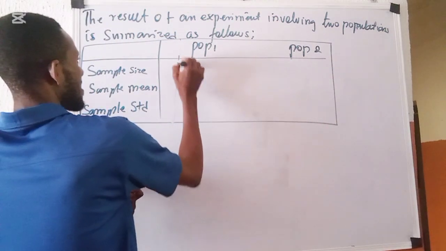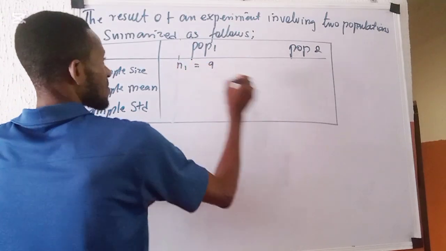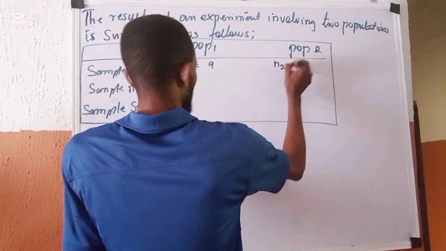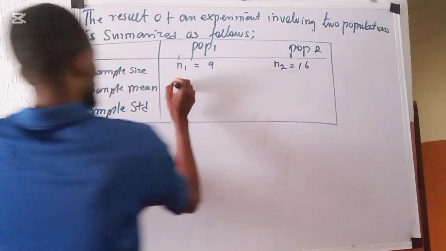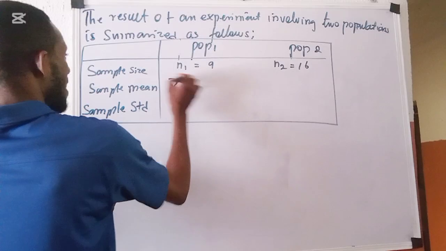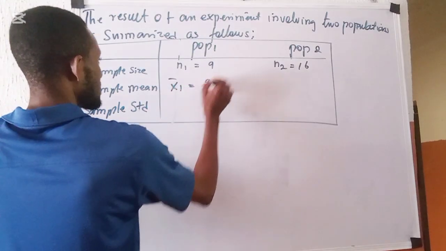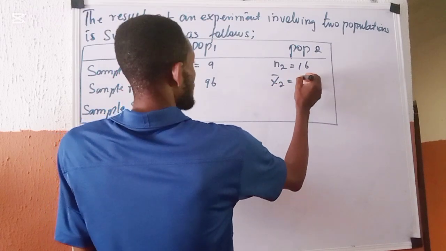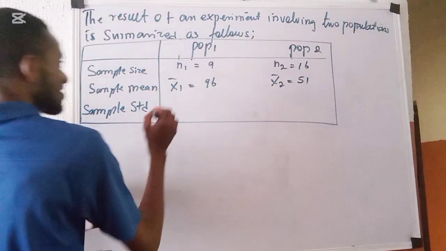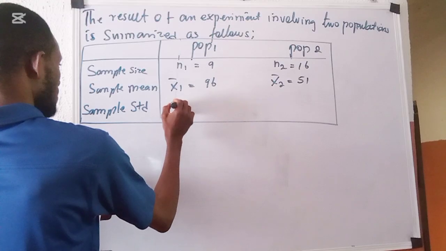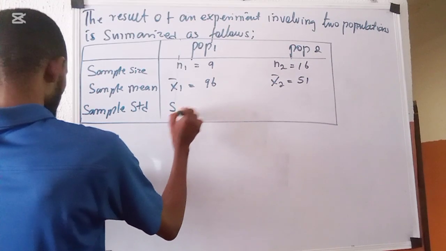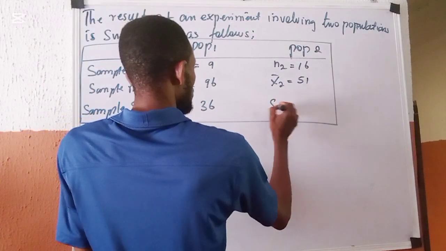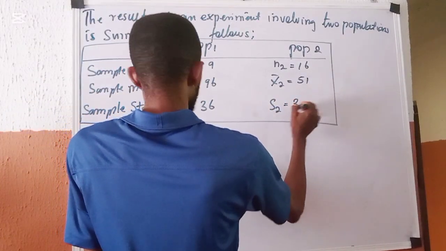Under here, I have that N1 equals 9. Under here, I have that N2 equals 16. X bar 1 equals 96. X bar 2 equals 51. Then S1 equals 36. And S2 equals 36.